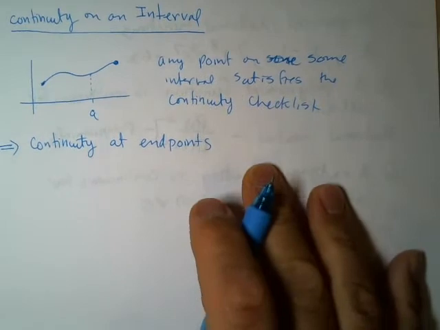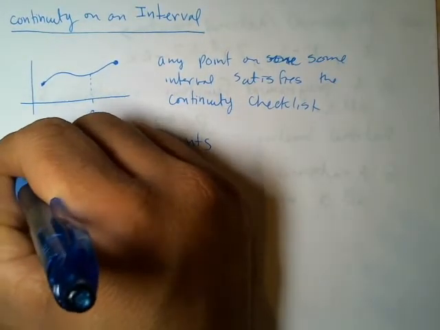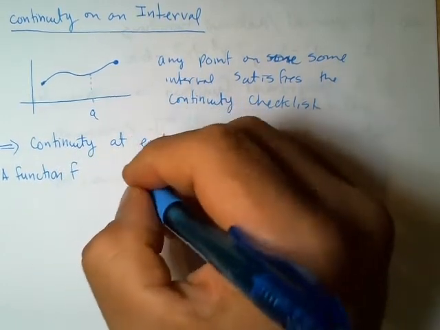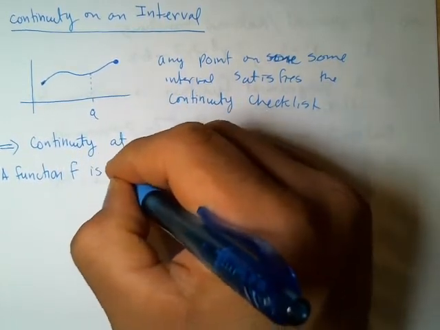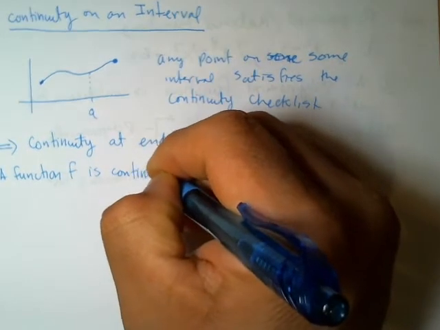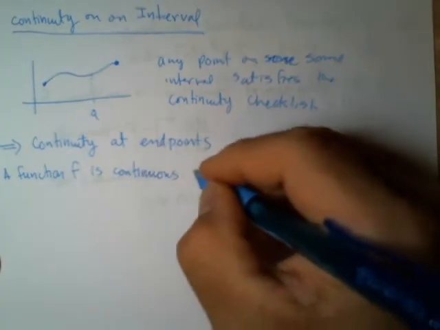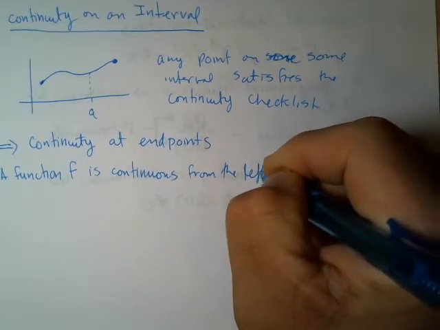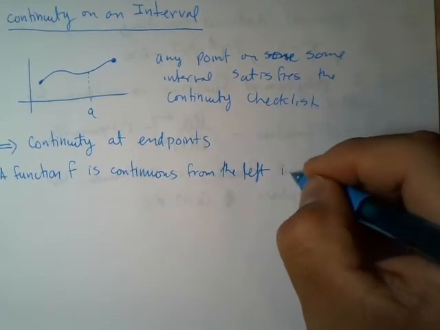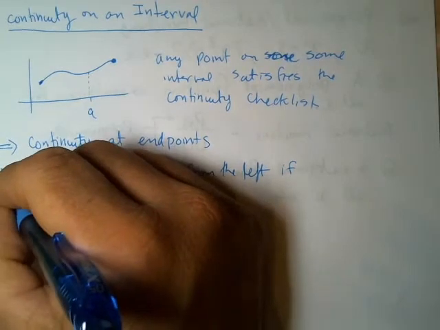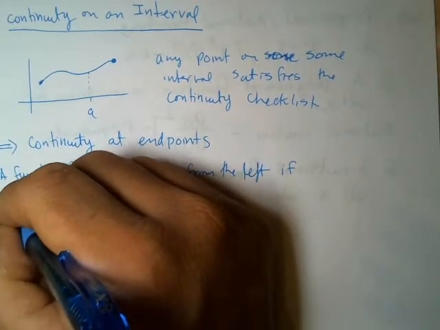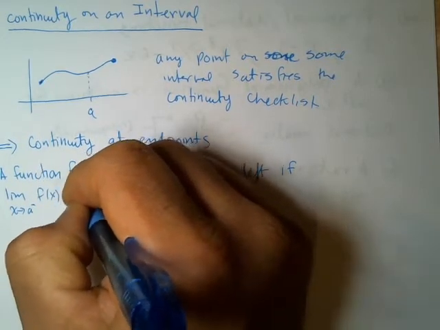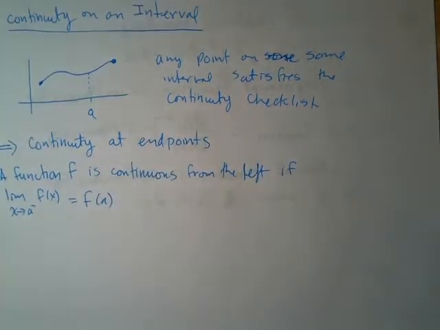And for that we'll say that a function f is continuous from the left if the limit as x approaches a from the left side of f of x is equal to f of a.